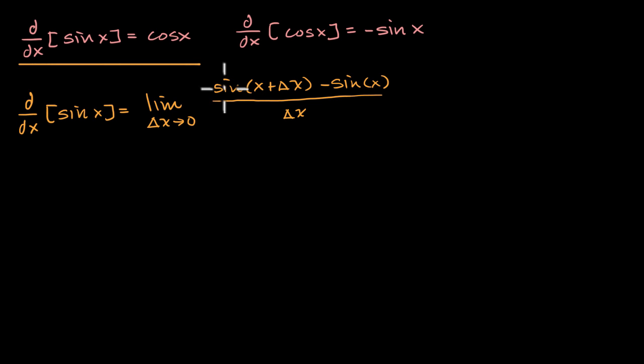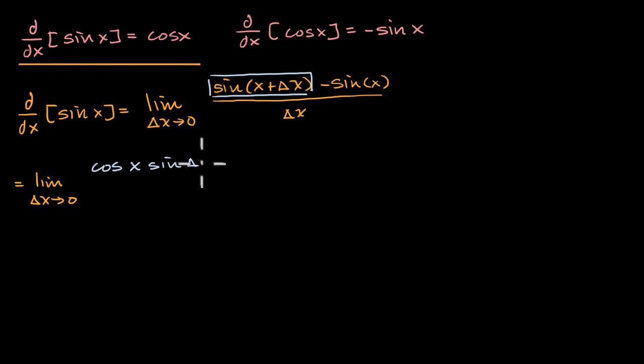Well, we can rewrite sine of x plus delta x using our angle addition formulas that we learned during our trig identities. So this is going to be the same thing as the limit as delta x approaches 0 of cosine of x times sine of delta x plus sine of x times cosine of delta x.